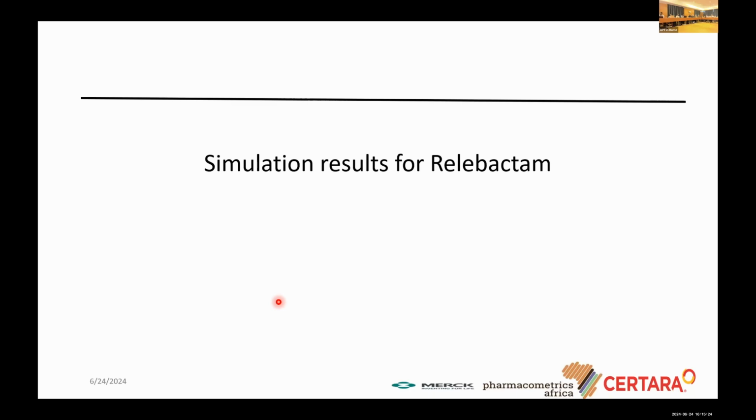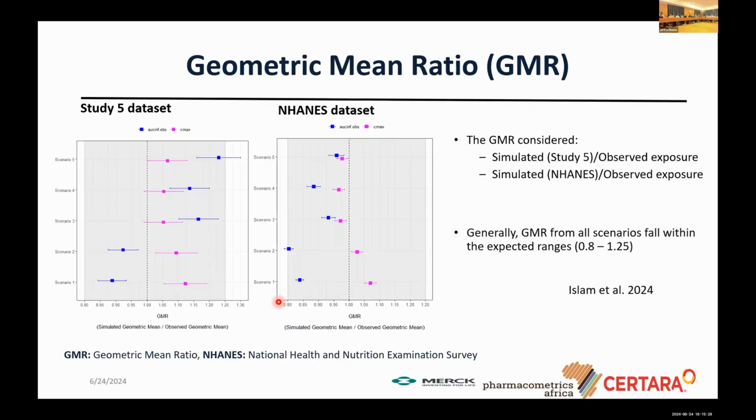Then looking at simulation results for Rebectam, we have 2 cases, looking at the data we have at hand and the data that would be used in case that study was not conducted, which is the enhanced data set. So we look at how the simulations from the 5 scenarios predicted the outcome. And we used the range of 0.5 to 1.25 as stated in our reference study.